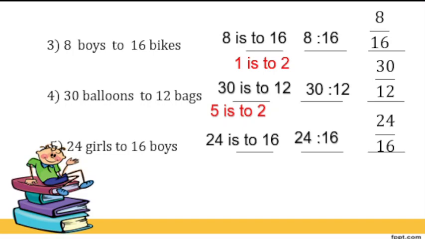The factors of 24 are 8 and 3, and for the 16, we have 8 and 2. So cancel 8 and 8. What was left is the 3 for 24 and 2 for the 16. So that is equal to 3 is to 2 in word, or 3:2 in colon, or 3/2 in fraction.